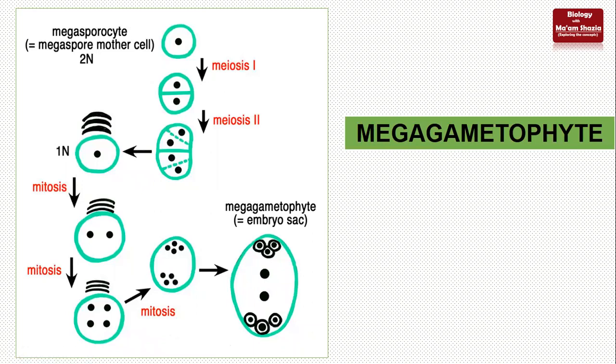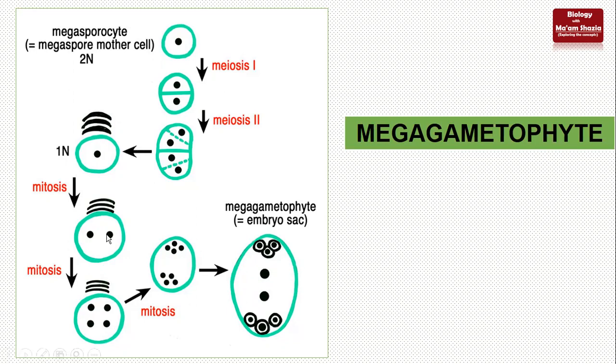All of these are produced through mitosis. I already discussed that in plants, the gametes are produced through mitosis.